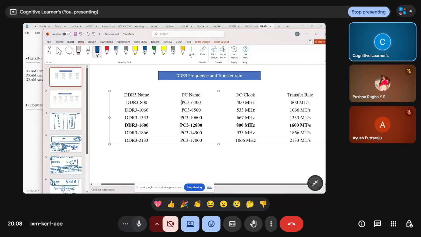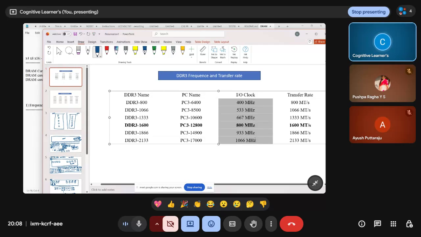This is the PC version. The frequency is 400 to 1066 megahertz. What is the frequency range DDR3 works in? 400 to 1066. That is the frequency range.